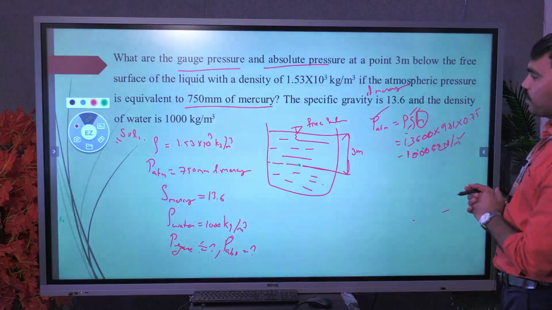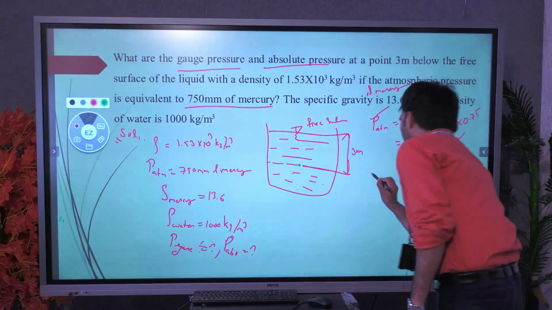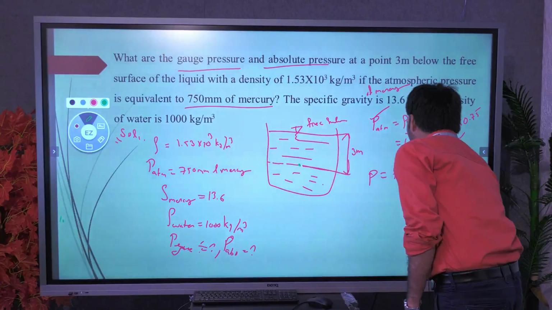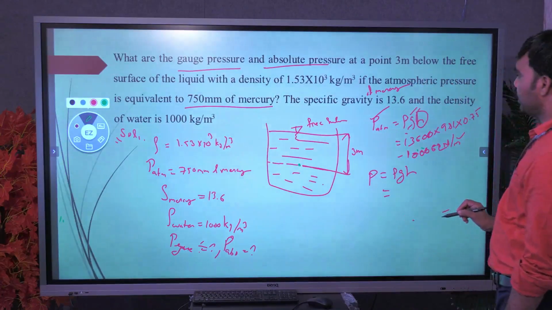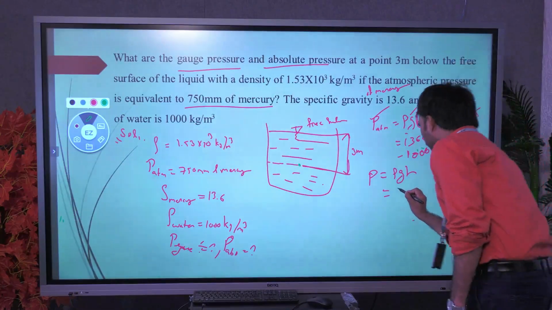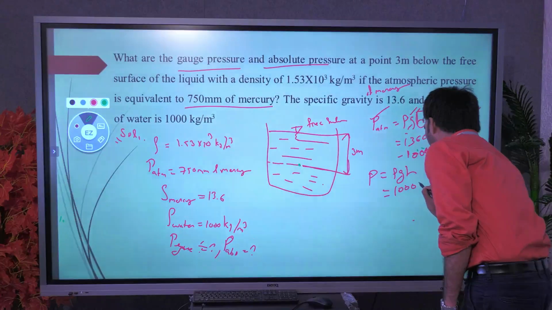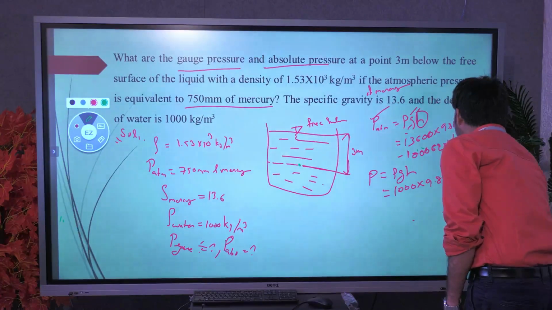So the height of the liquid column is given, and fluid density is given. So pressure is equal to rho GH. What is the rho value here? G value is 9.81 and H value is 3 meters.